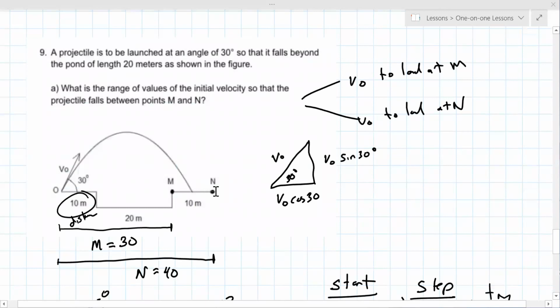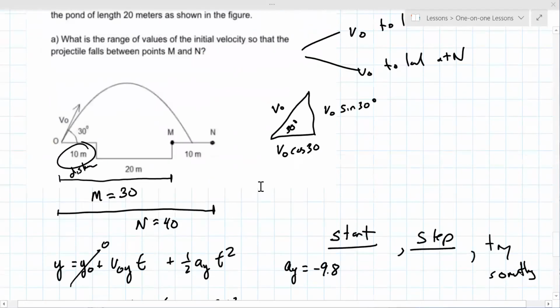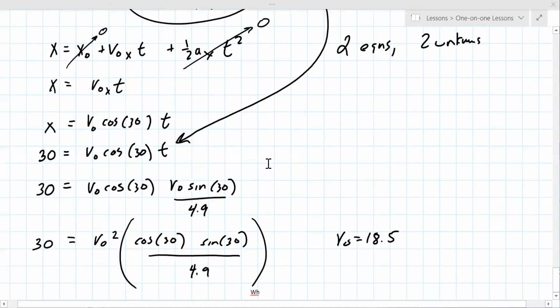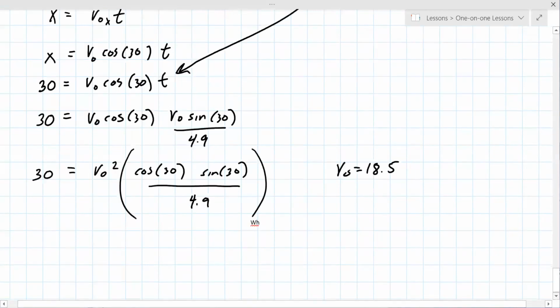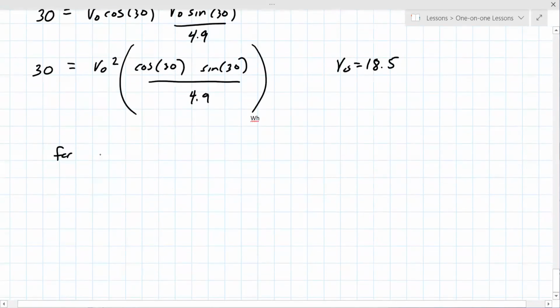To get to N, we have to use the distance for that. So it's essentially the same thing, except wherever you see a 30, 30 changes to 40, because that's the only difference.